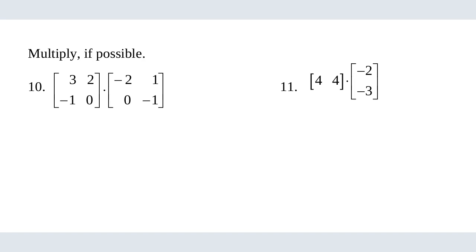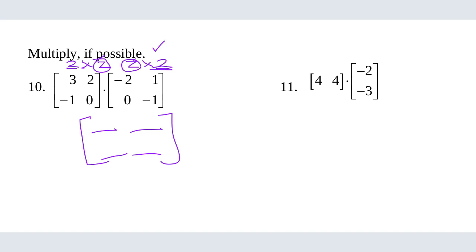Okay, now we're going to multiply a 2 by 2 and a 2 by 2. Show your work out. So I'm putting dimensions up here. It does check out. So now 2 rows and 2 columns in your answer. So row 1 times column 1 is -6 plus 0 is -6.